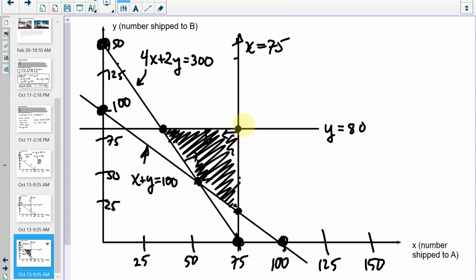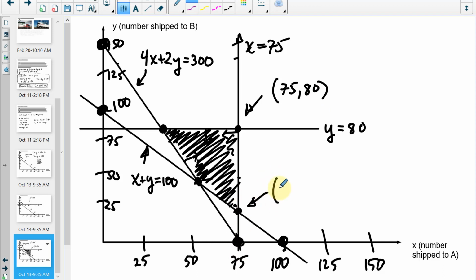Some of these are really easy to solve, like what point makes this true and this true. I can find that point the fastest. It's immediate. This point right there is 75 for the x, 80 for the y. How about this point? Well, I know the x value. It's 75.